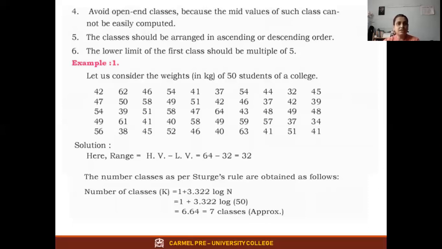Use Professor Sturges' rule. What is K, the number of classes? 1 plus 3.322 into log n. Log 50. So log 50 you have to find in your logarithm table.